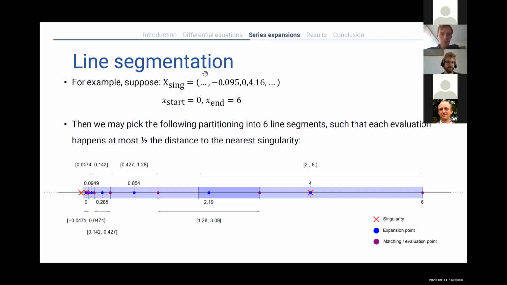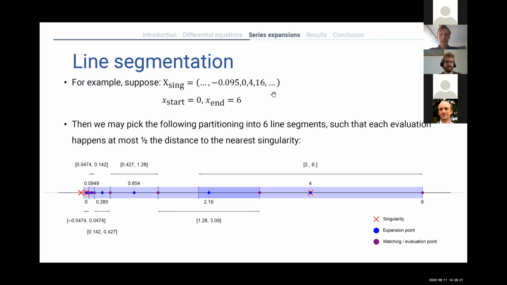So for example, you might have the following set of singularities. There's one that is close to -1/10, and then there are singularities at 0, 4, and 16. Now, suppose that you're trying to go from the point 0 to the point 6, then how do you partition your line?